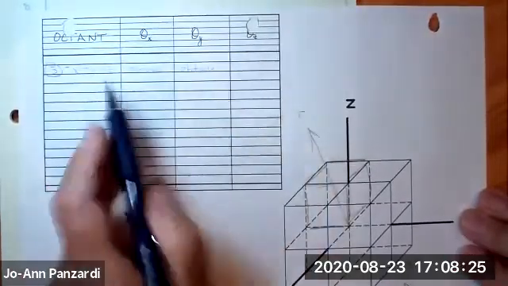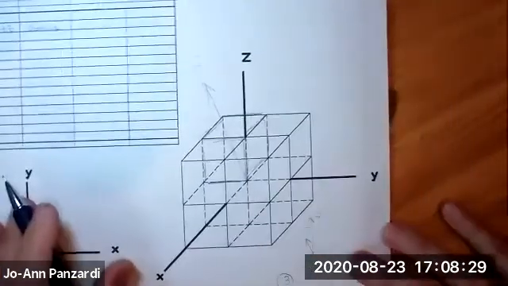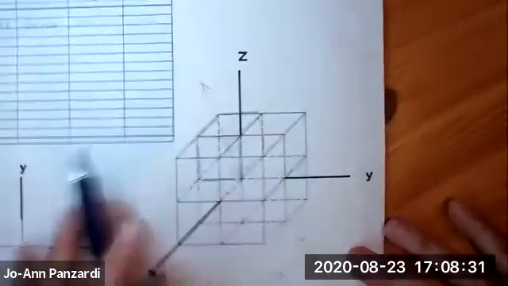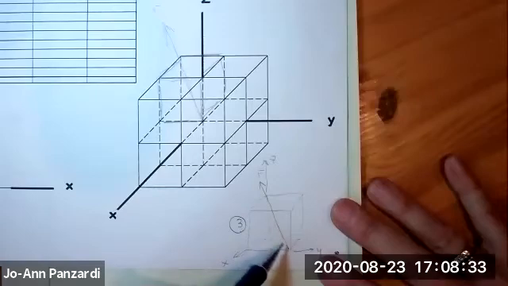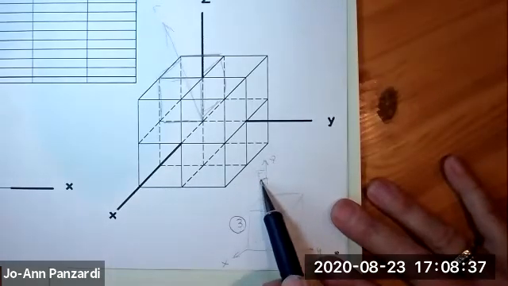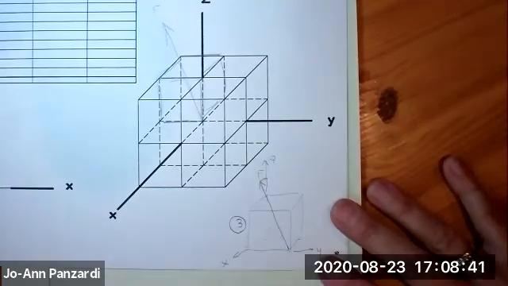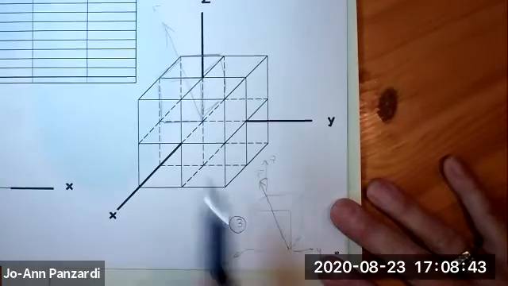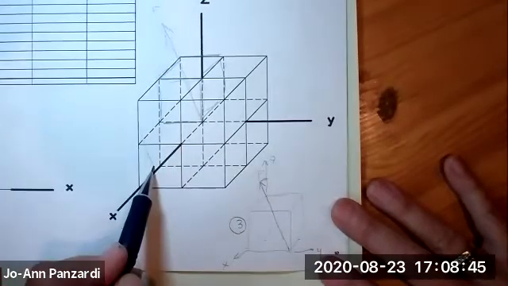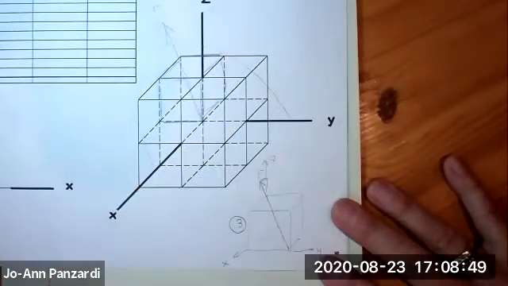Theta Z, since it's positive, is going to be acute. Because looking at this picture here, or even the one below, you could see that the force is going up here, and there is an acute angle between the force itself and the positive Z axis. But it's going to have an obtuse angle coming down to the X axis and an obtuse angle to the Y axis.